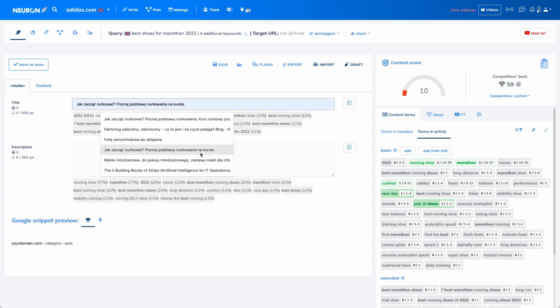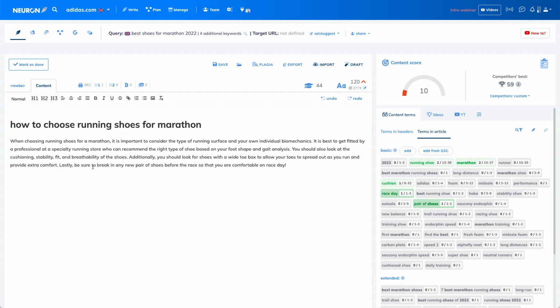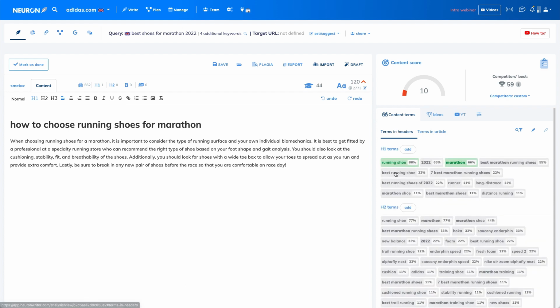So the meta description, the title and the description are very important, and of course the content. The content has two main factors for a content score. First, the document structure, which means exactly what we have here: the H1, H2, and so on, all the headers, all the paragraphs.